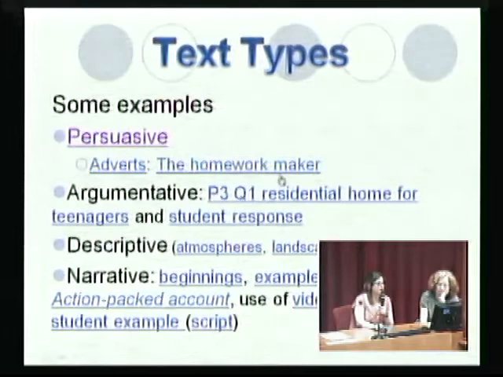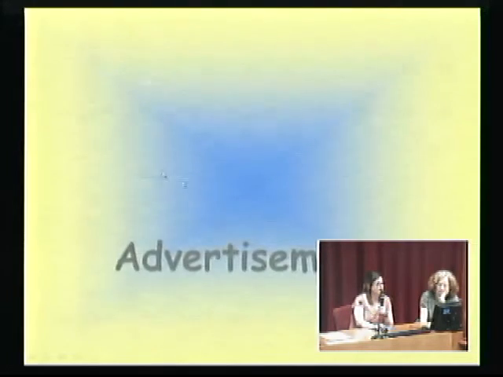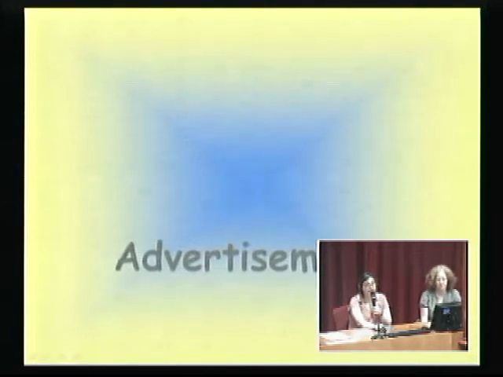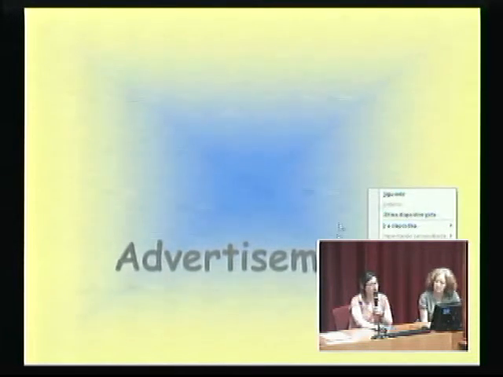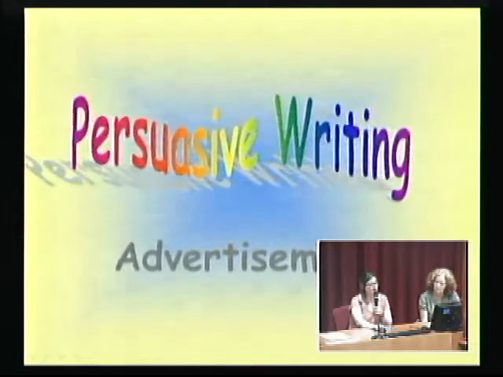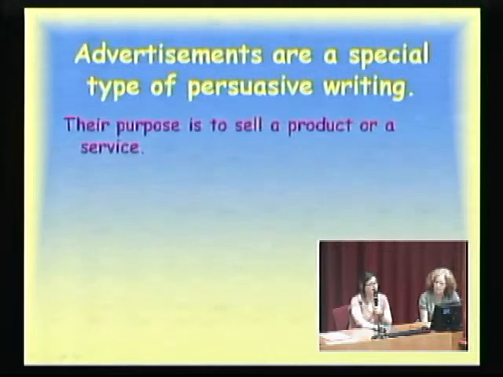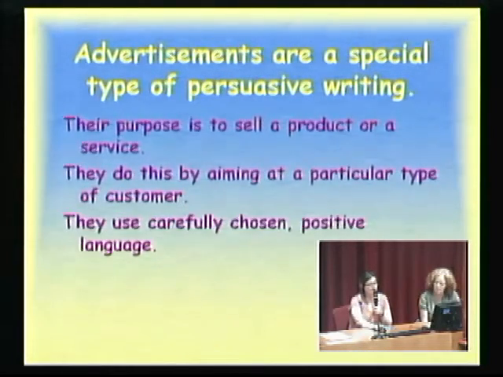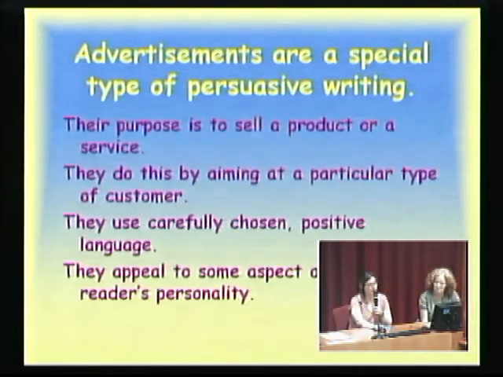And now we have a PowerPoint, again, just to explain to children what adverts are for, just to persuade us to buy something. So we're going to see it. Claire hates this, but children love it.